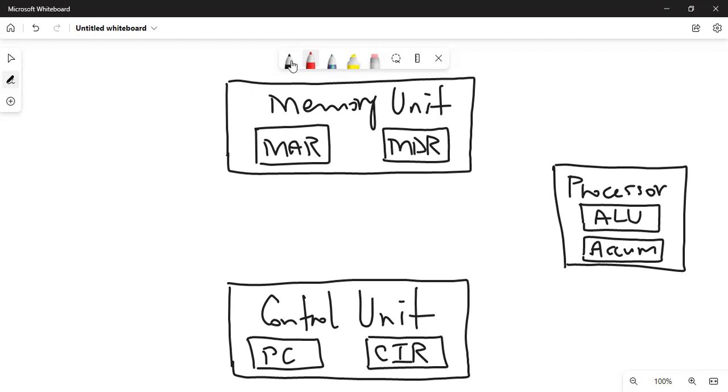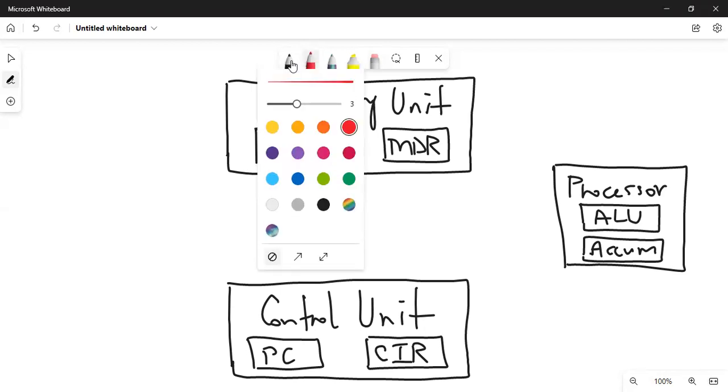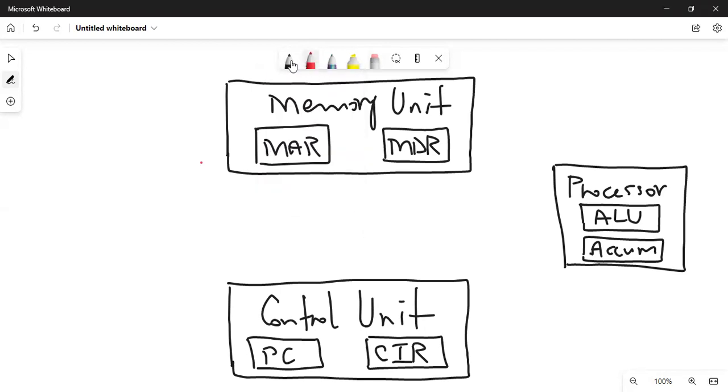So the first thing is, let's quickly see what is the role of each of the registers. Let's start with the first one, that is the memory address register. Remember, every piece of data in your memory is stored at a particular location, and the address of that location is stored inside this register, which is called the MAR register.